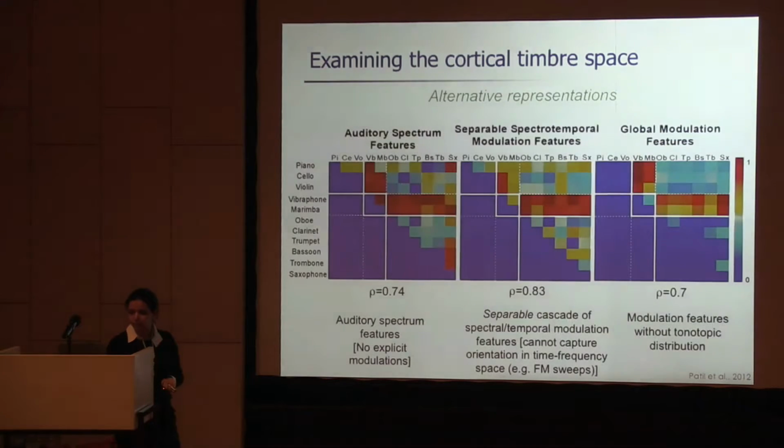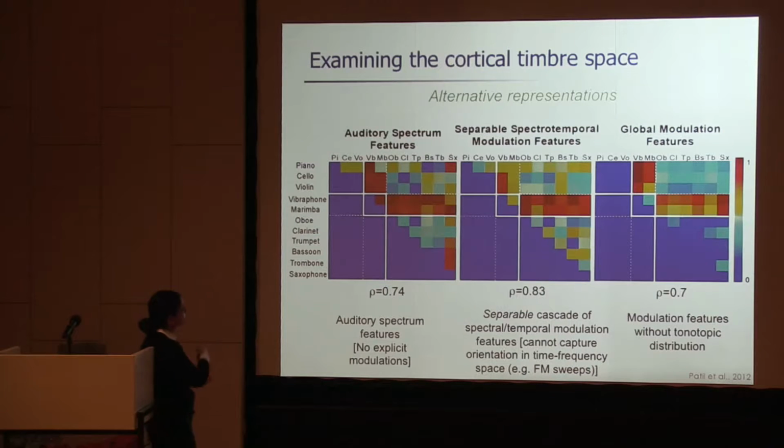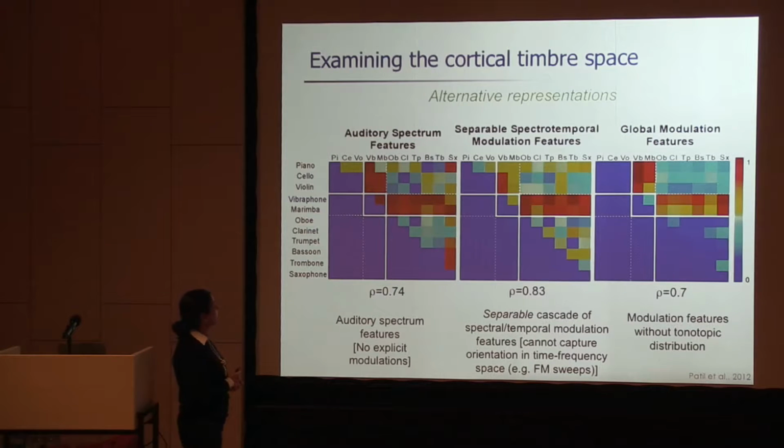So, some final analyses that we did on this data. We took our feature space and wanted to know what parts of these cortical representations are the most important. So we asked whether the auditory spectrum features can also replicate the human similarity matrix, and that gives us a correlation of about 0.74.